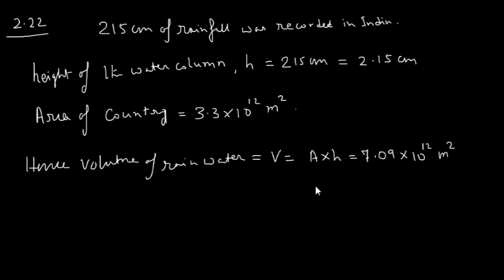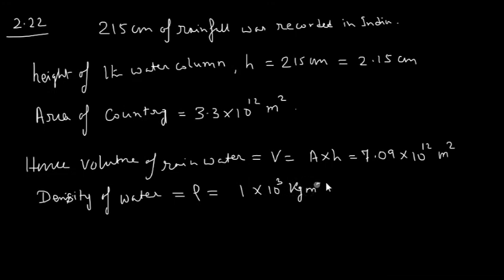Density of water is rho equal to 1 into 10 to the power 3 kg per meter cube.